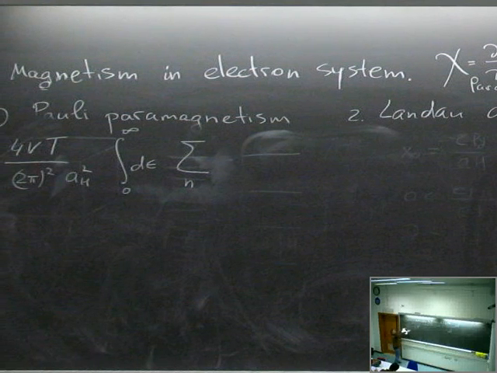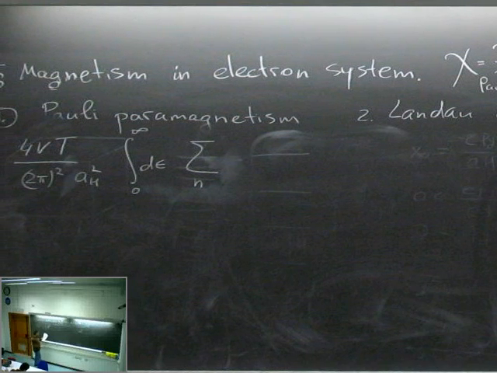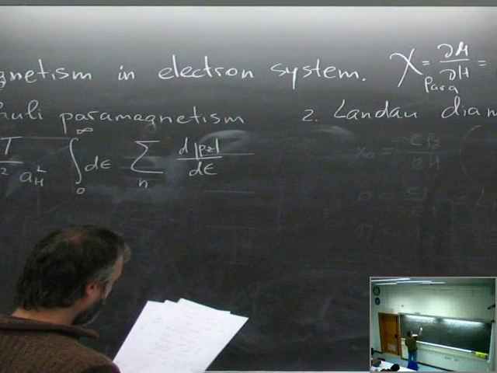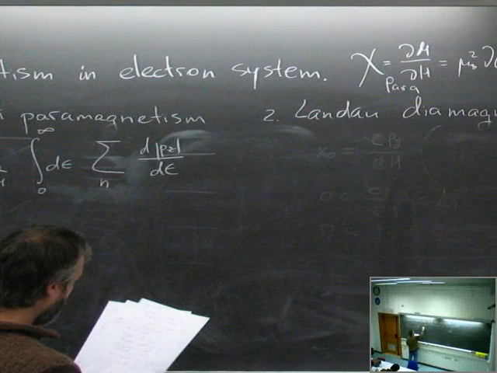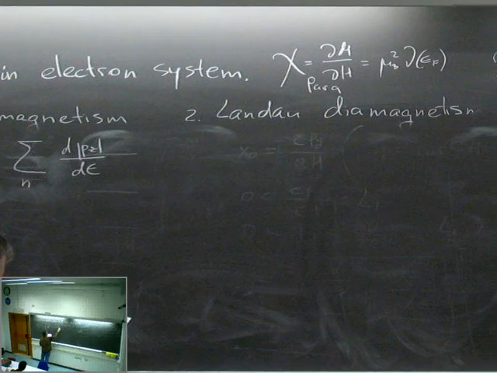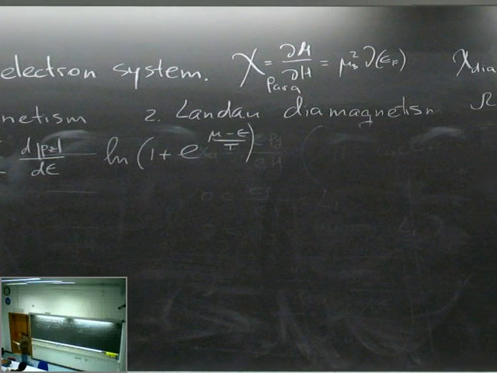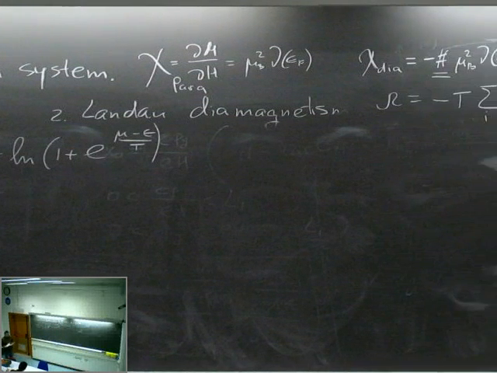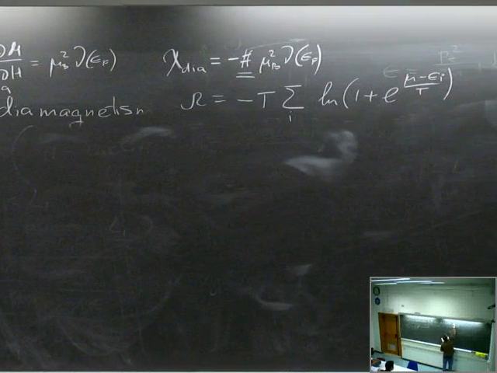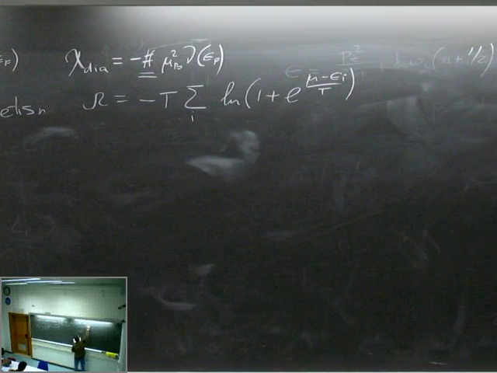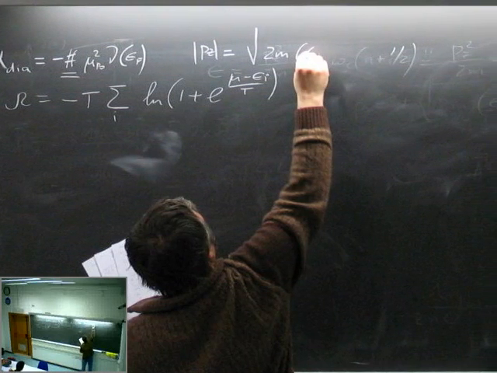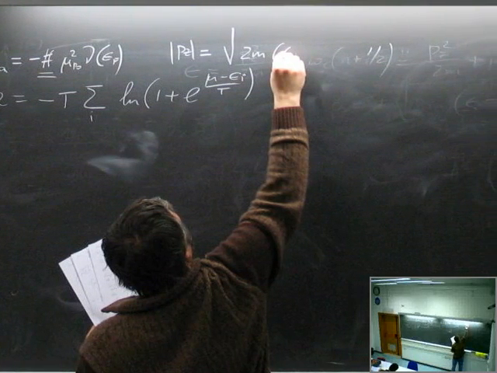So this is what the density of states was, and here is the logarithm 1 plus e to the power mu minus epsilon over temperature. So this is a monster I'm going to calculate, where modulus pz equals the square root of 2m times epsilon minus h omega_c (n plus 1/2).